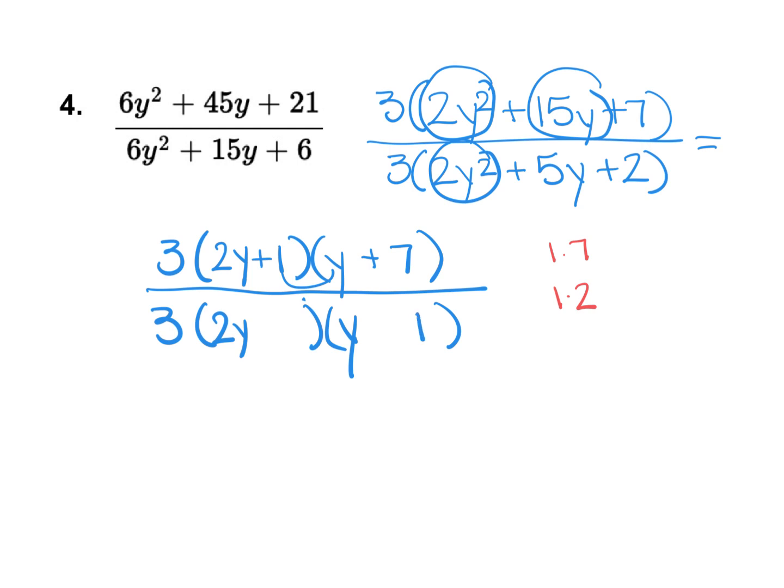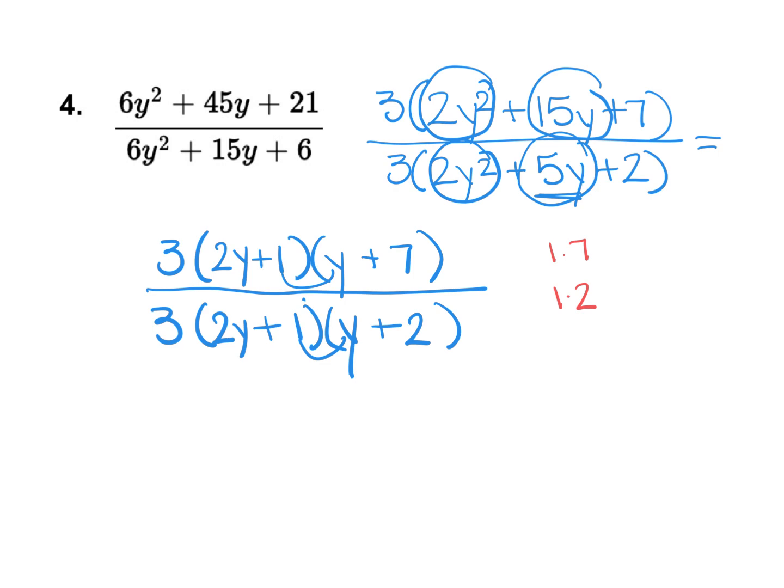If I put a 1 here and a 2 here, we're trying to make a 5y, so 2 and 2 is not going to do that for us. So let's do 2 and a 1. So now we've got 1y, and then 2y times 2 is 4y. Well, that's going to make up your 5y. And everything's positive, so we'll just have a plus and a plus.